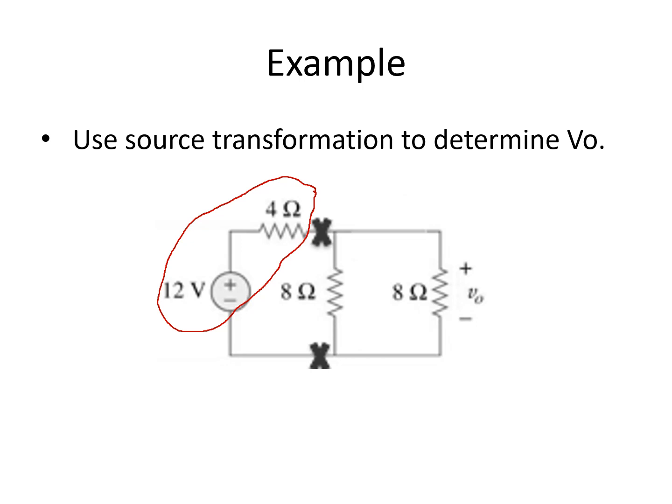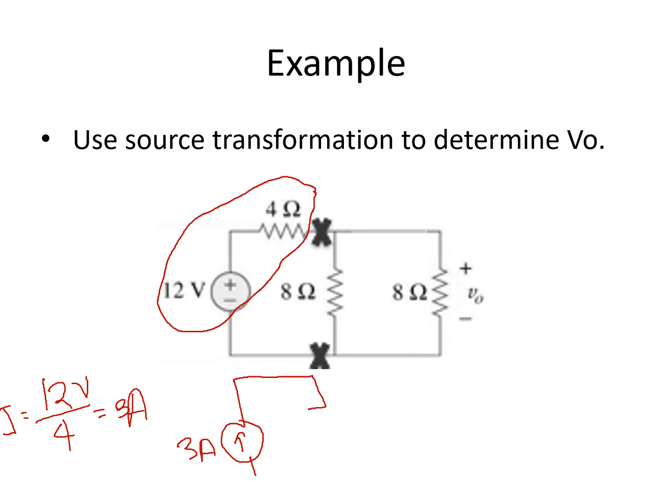So the current source will become 12 volts divided by 4, so this is 3 amperes. So this is our current. Now we replace that, which was in series, with a parallel connection, and then we redraw the circuit.